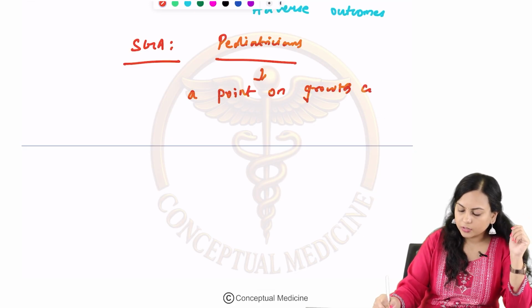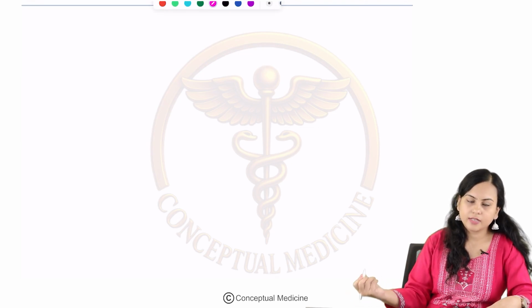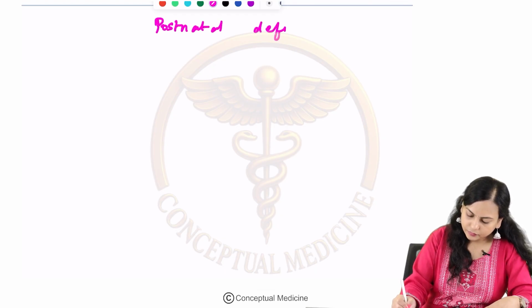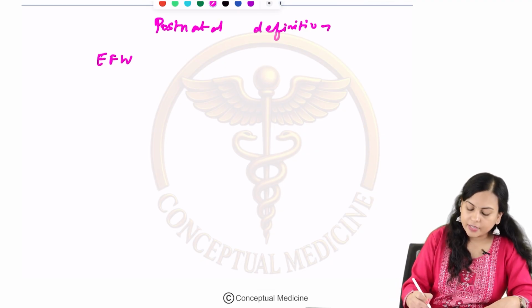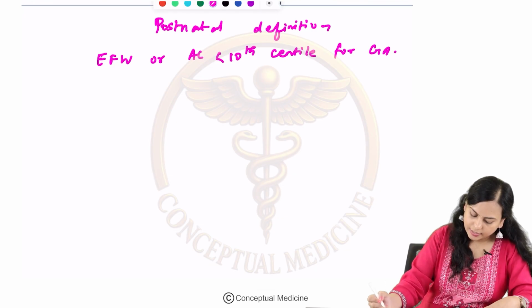In other words, it is a postnatal definition. Here the estimated fetal weight or the AC circumference is less than 10th centile for gestational age.